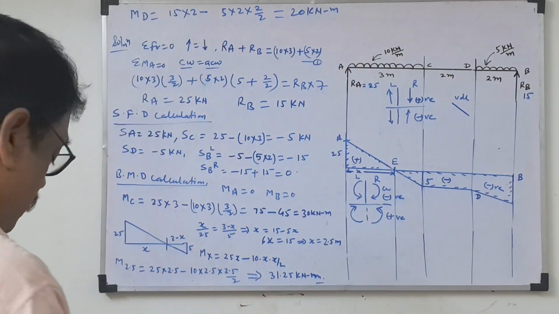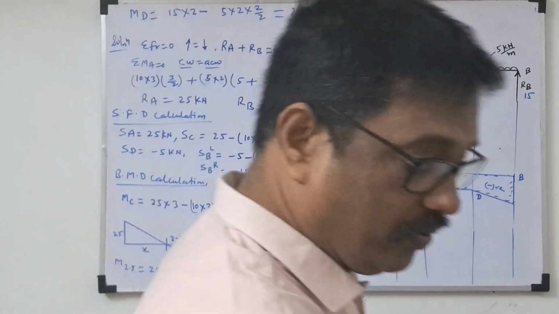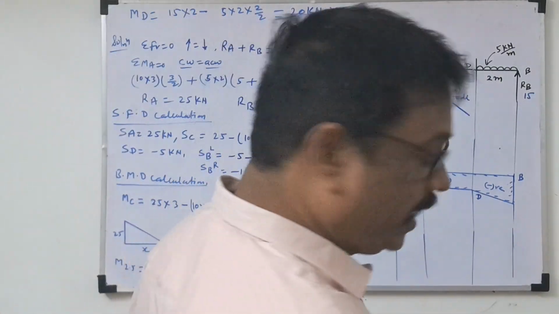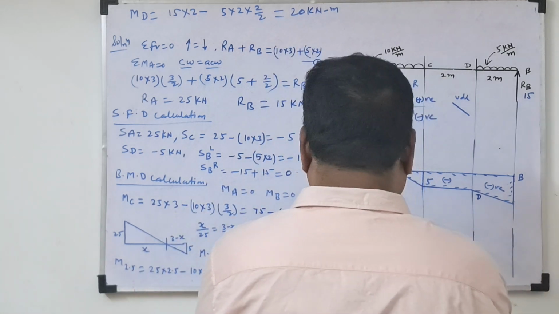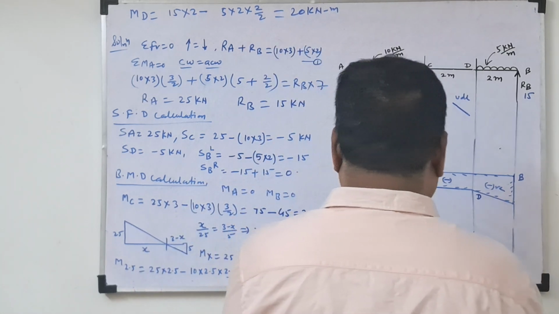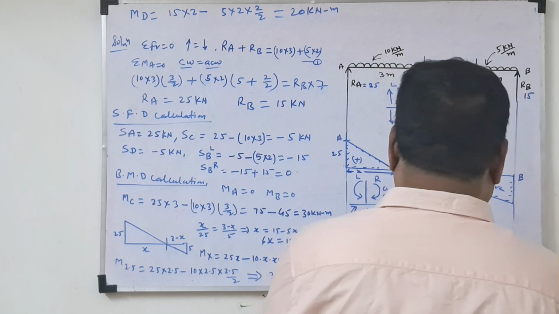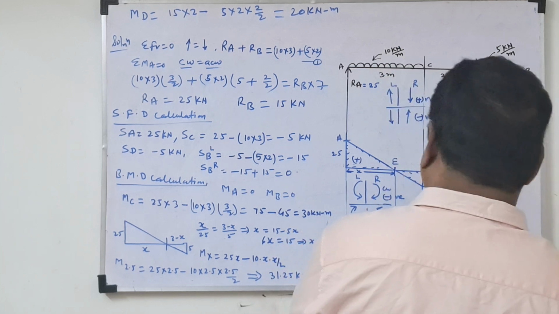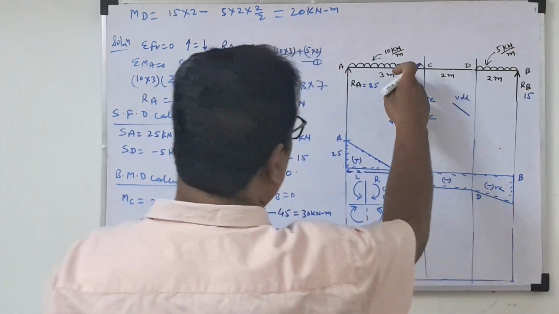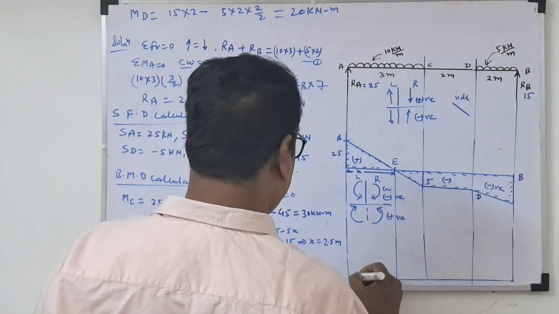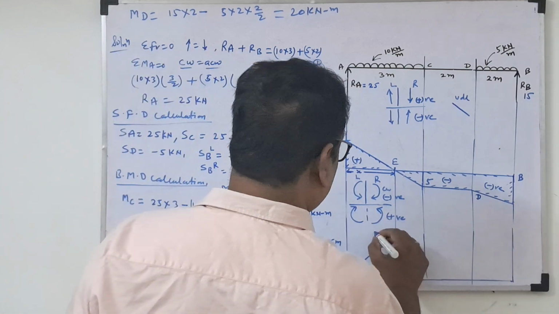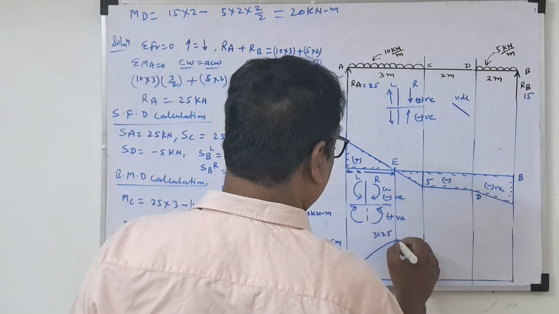So now we'll draw the shear force and bending moment diagram. See here, first draw the zero line. In this line, the bending moment will be 0. Where the UDL is there, the maximum bending moment will be at this point. How much maximum bending moment? 31.25.